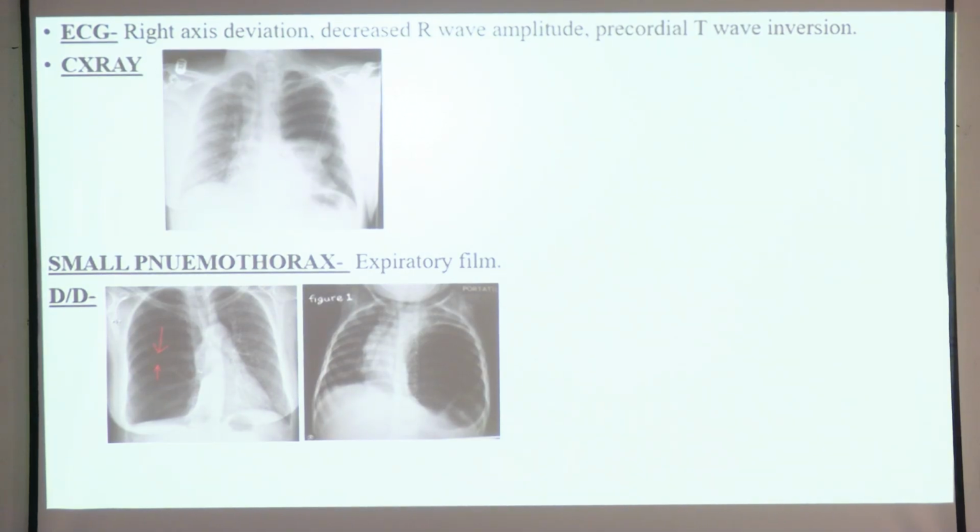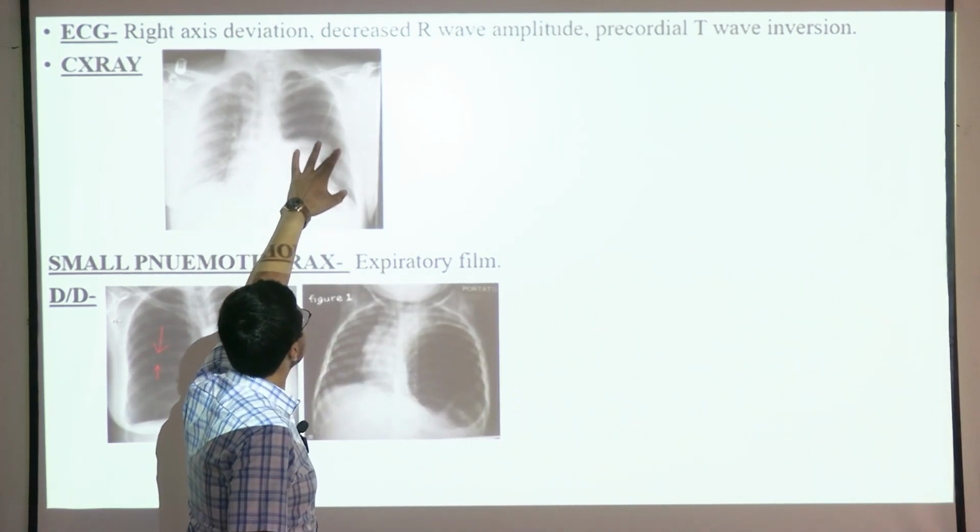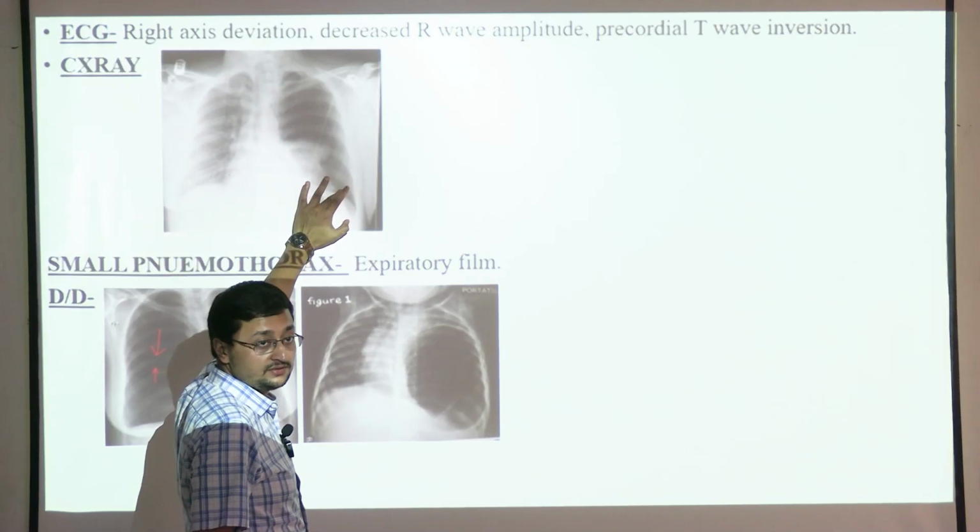Another one is the evidence of visceral pleural margin. This is the margin, this is the visceral pleural margin. Can you see it? This is the visceral pleural lining, right?